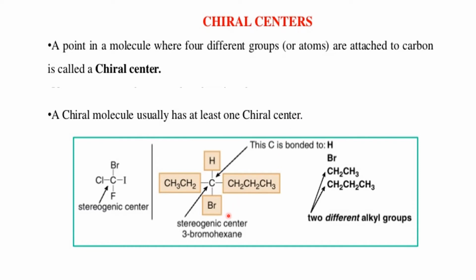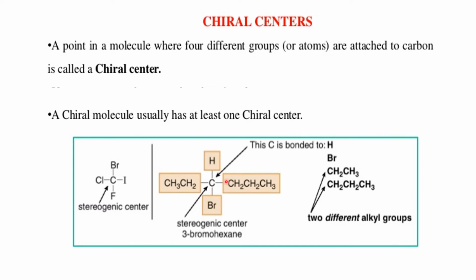See here, in this particular molecule, this carbon atom is attached to four different groups. One is bromine, one is H, one is ethyl group, and one is propyl group.